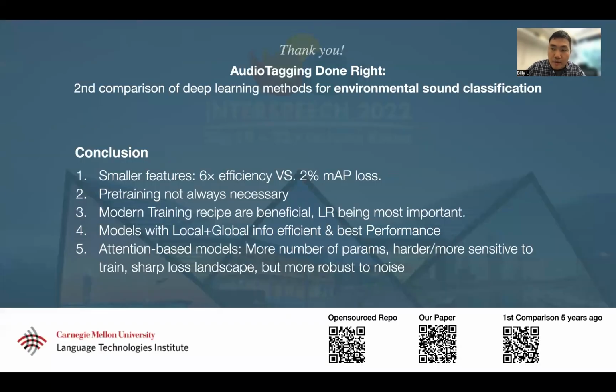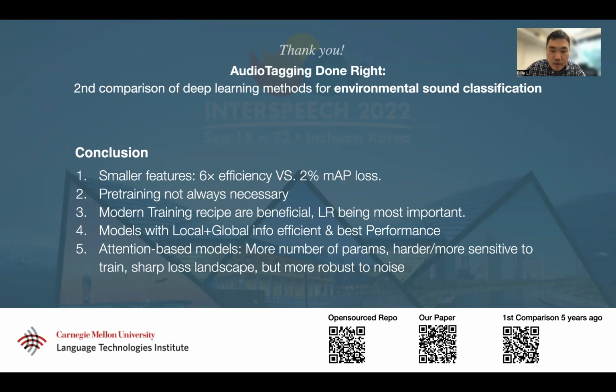So here's our finding in summary. In a lot of cases, if we do not have a strict requirement on performance, we should use smaller features. Pre-training is not always necessarily better than training from scratch or randomizing the weights. Modern training recipes like learning rate decay and all the other tricks are very helpful to boost performance.